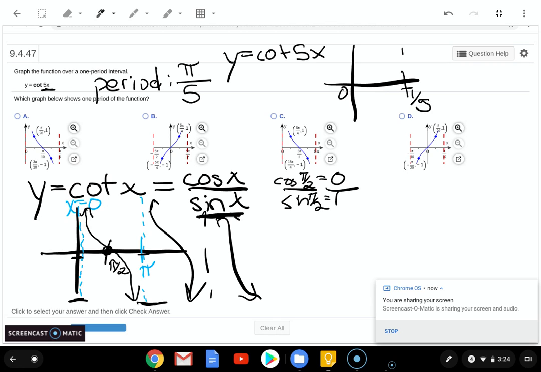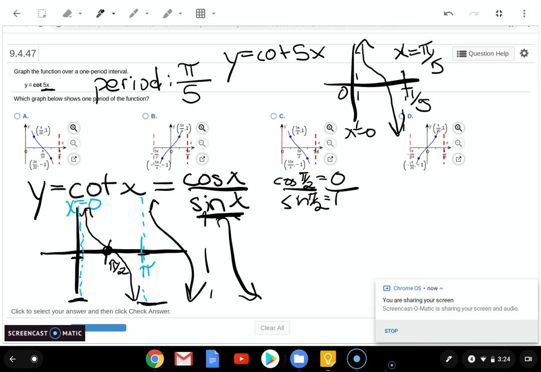So that's going to be where the new asymptote is. And then there's no negative in front of the cotangent. There's nothing else going on in this function, so it's going to look like that same cotangent curve. The only difference is the asymptotes now are at x equals 0 and x equals pi over 5.